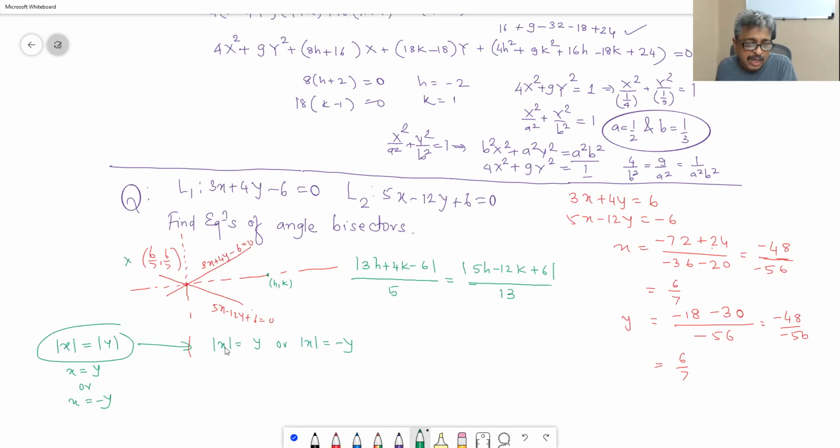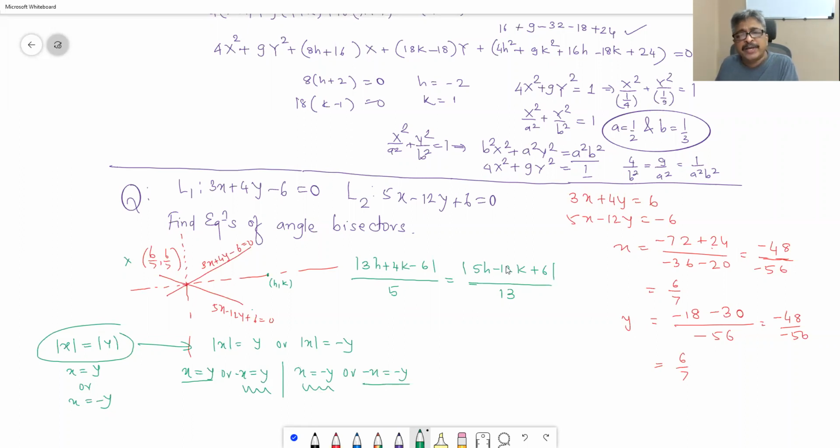And now if I solve the LHS, I get x is equal to y or opposite of x is equal to y. If I solve this, x is equal to opposite of y or opposite of x is equal to opposite of y. Did I get 4 different equations or only 2? Either x is equal to y, this and this is same, and this is same.